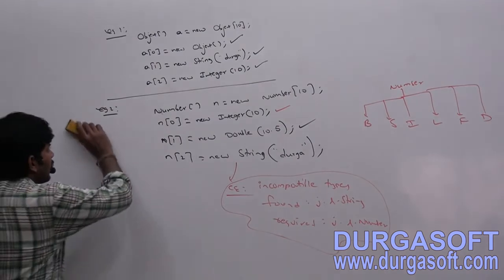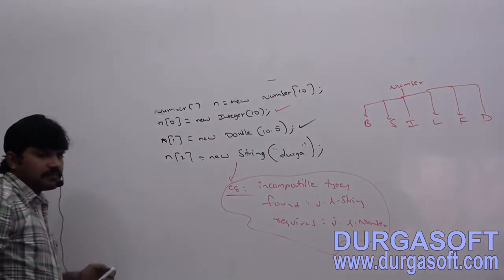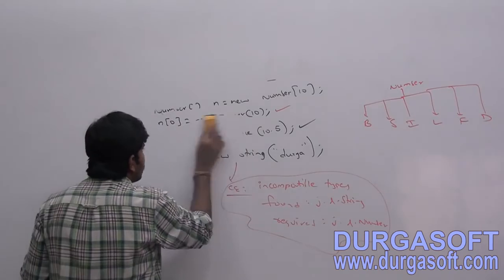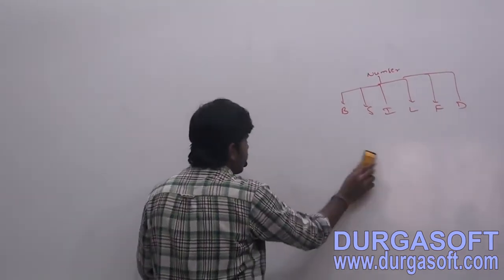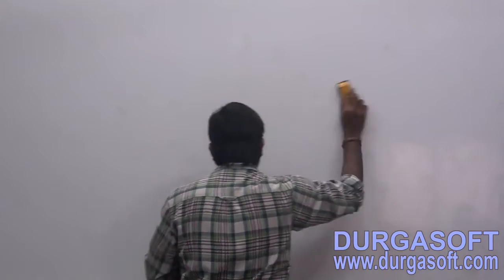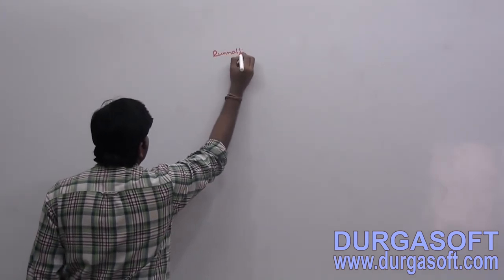Now case 3. If it is an interface type array, just observe. We covered the number type, its child type. Next, case 3. Is it valid or invalid?